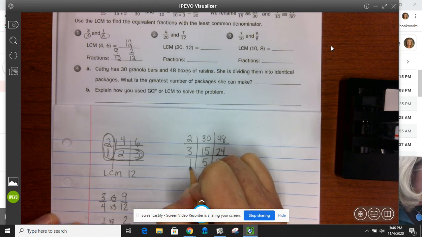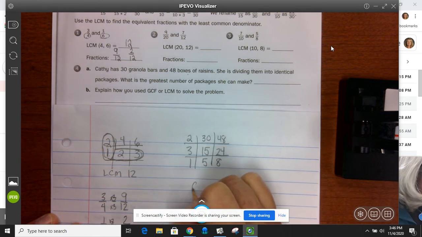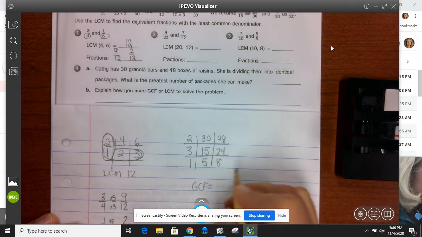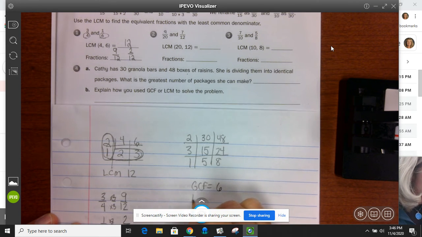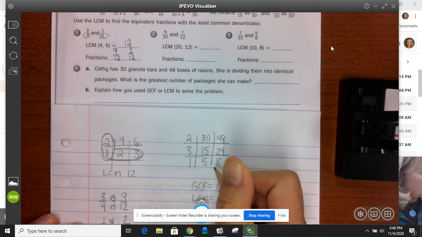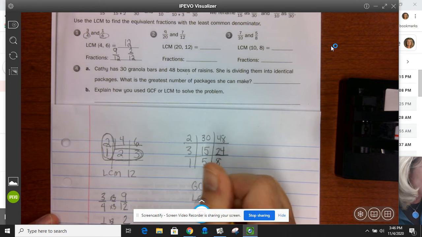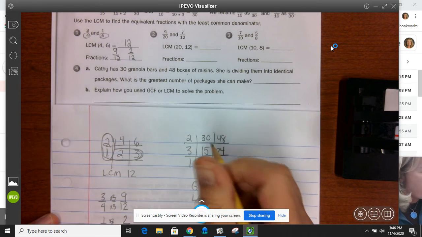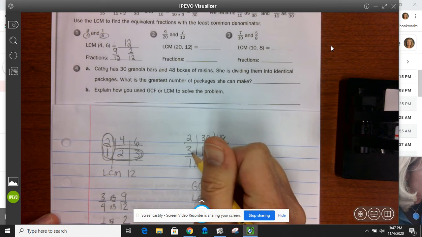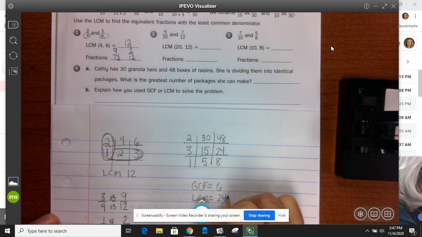These are relatively prime. So I know the GCF equals 6, and the least common multiple equals, well, you're going to take 8 times 5 is 40. 40 times 6 is 240.